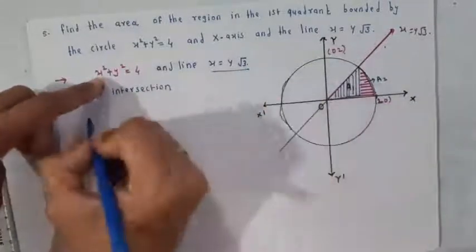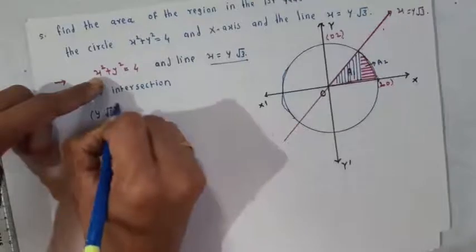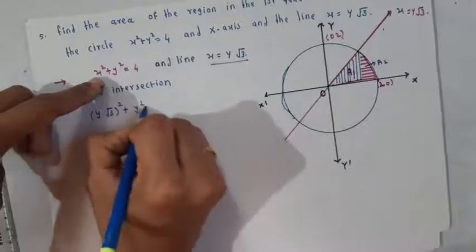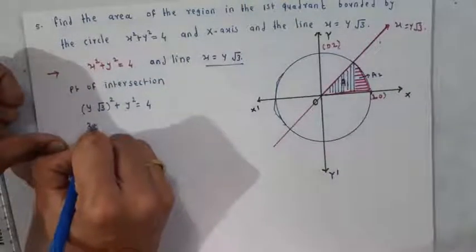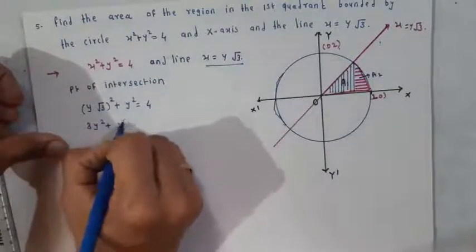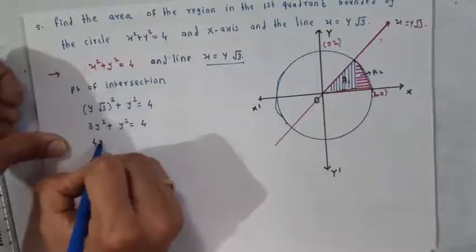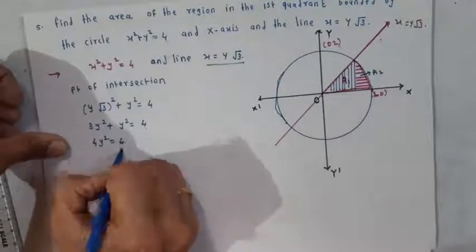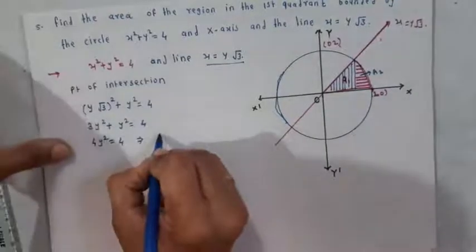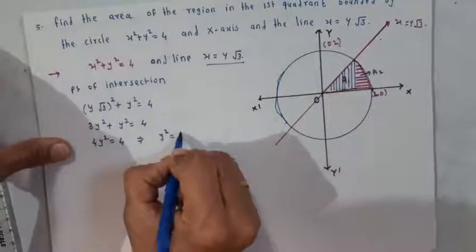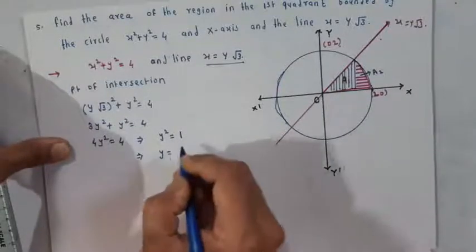X equal to y root 3, so y root 3 whole square plus y square equal to 4. So this is 3y square plus y square equal to 4. This implies 4y square equal to 4, which implies y square equal to 1.